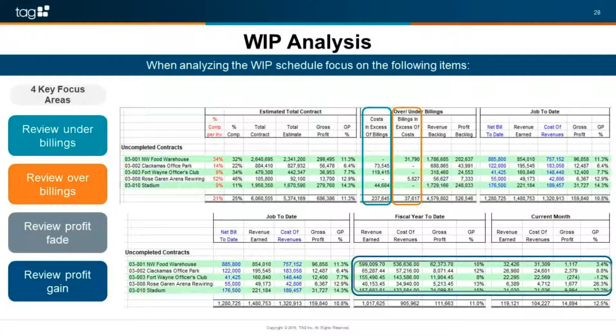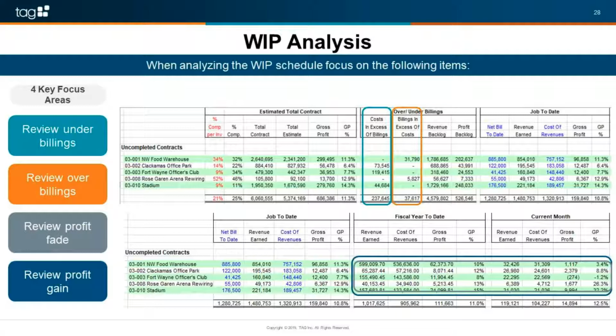This particular WIP schedule that I've done shows me not only the fiscal year to date, but it also shows me the current month's activity. So as you can see on one job, my profit went down 1.2% from the previous month to the current month. Okay, so these are some of the things that you can analyze and figure out what might have happened on this particular project. Why did revenue go down on this particular project?